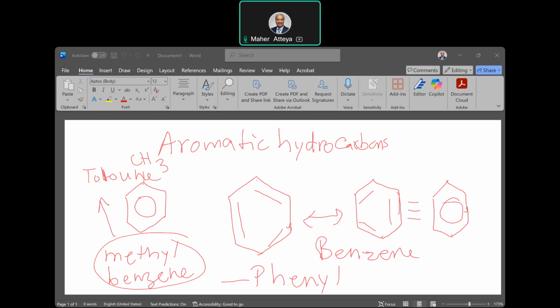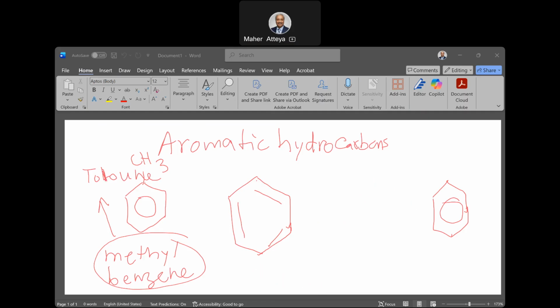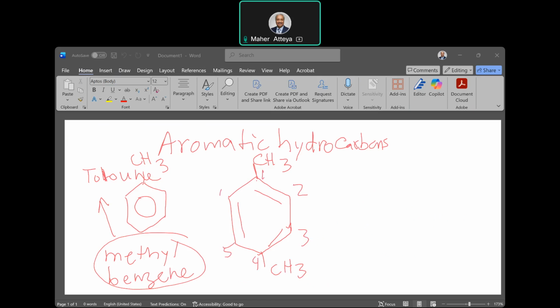Now, with this one here, we can add another methyl group. Let's take all those out, and we can add another methyl group here, for example, and another methyl here. So the two methyls, let's number them 2, 3, 4, 5, 6.